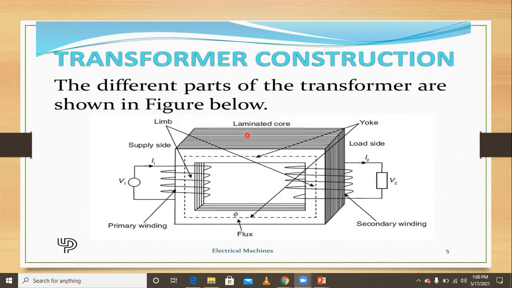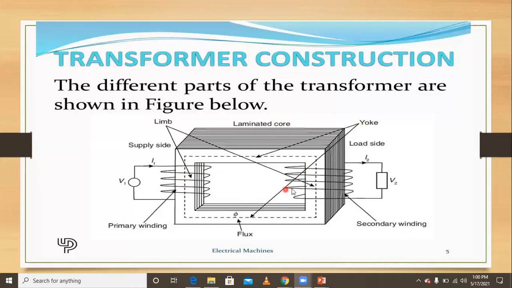Because of that, circulating currents can be limited by using a laminated core. That means eddy current losses can be minimized by using a laminated core. Understood?